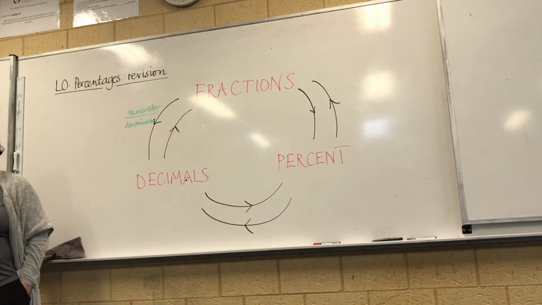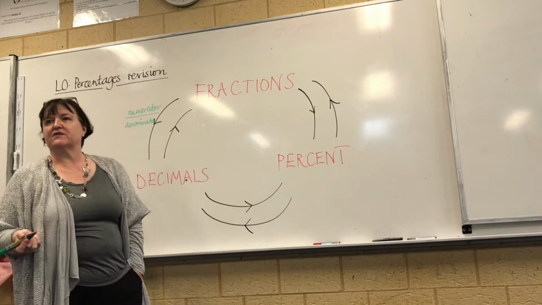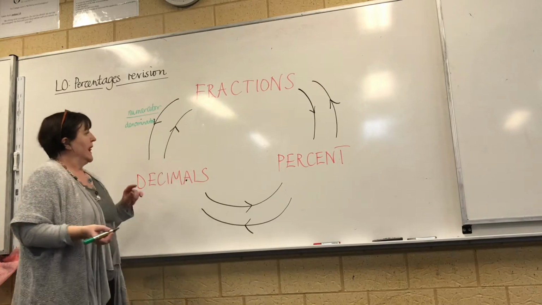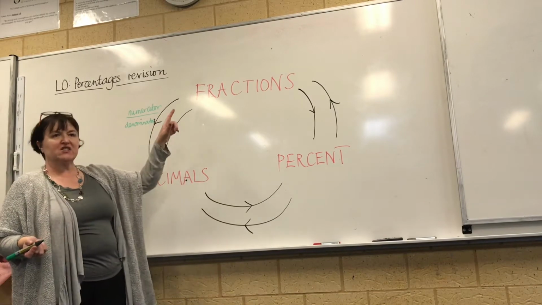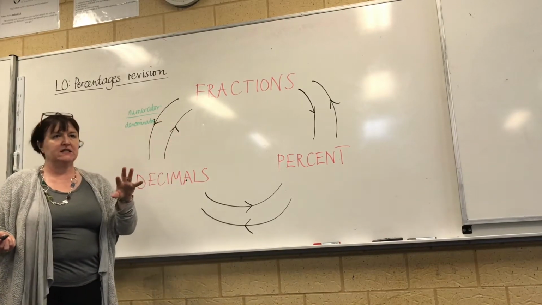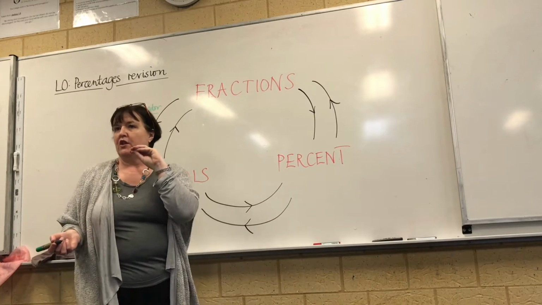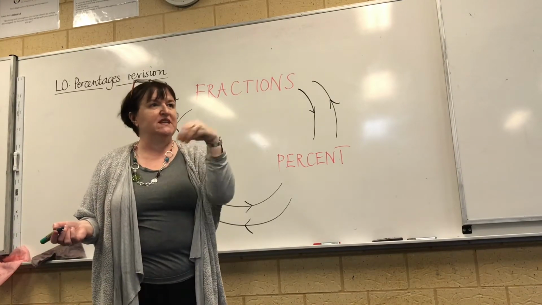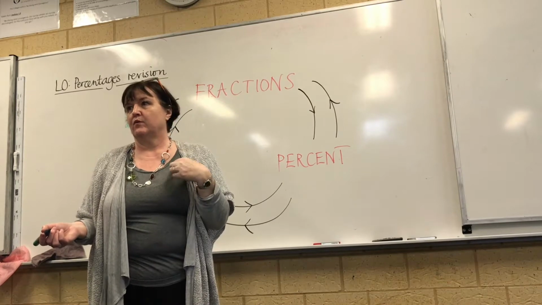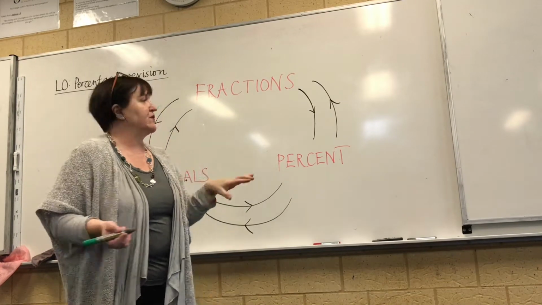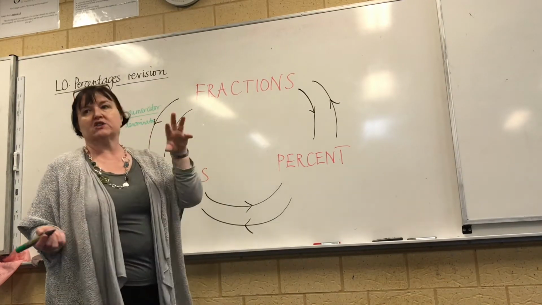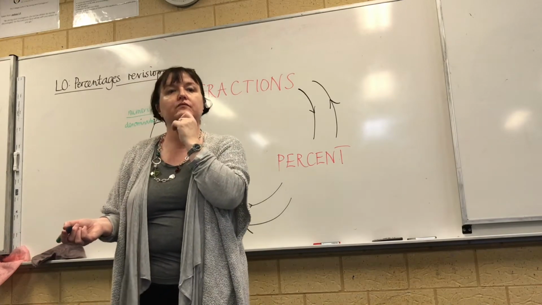Okay, and you would mostly use a calculator for that. Now this decimals to fractions is a little bit more complicated. What does it depend on? What you do depends on what? If you've got a decimal to a fraction, what does it depend on?